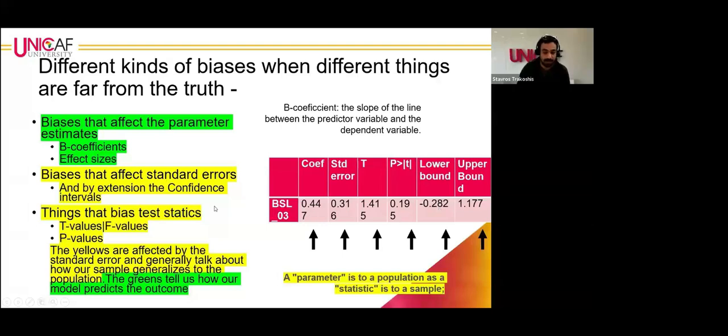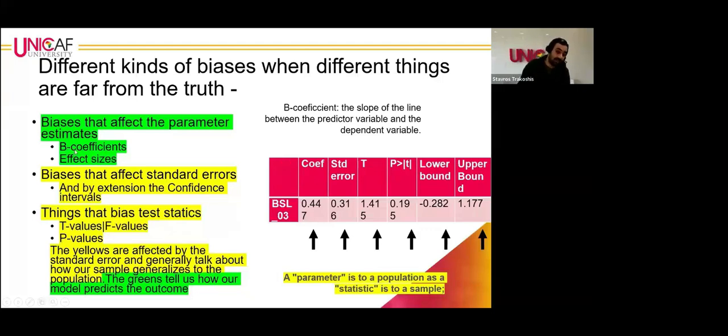Anyway, I'm going to describe this later, but the point here is that biases, or things that show that the model is affected by biases, can be seen in many of the statistics and parameters.